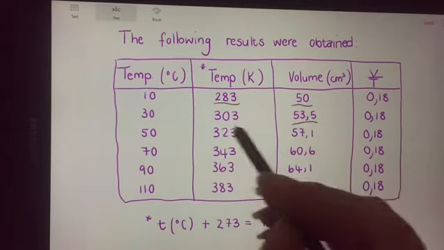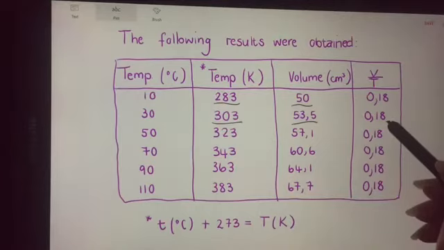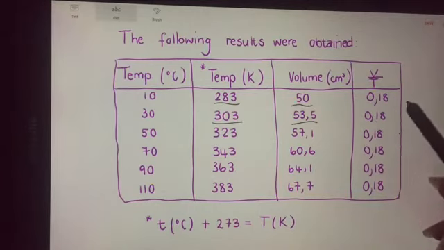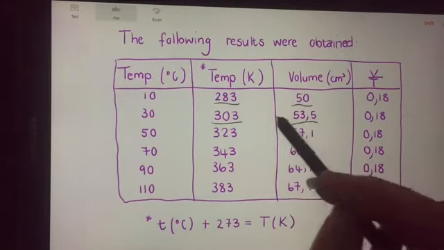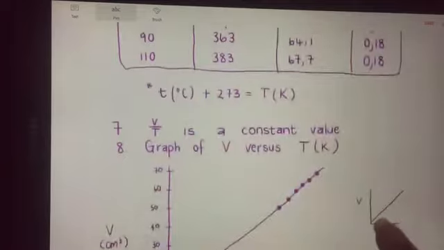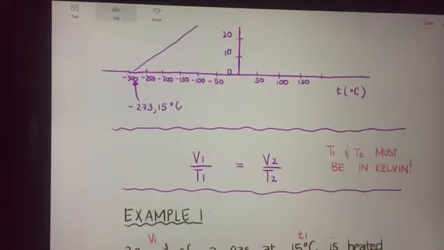If this is V2 and T2, V2 divided by T2 is 0,18, and 0,18 is equal to 0,18. So V1 divided by T1 is equal to V2 divided by T2. That is the formula that we see over there.